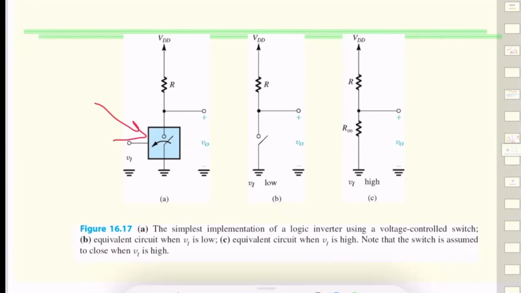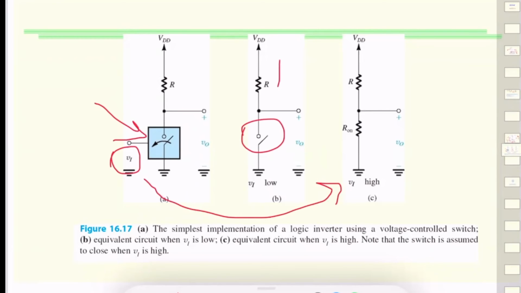Now, if you think about it, when it's turned off, which means that the switch is open, the signal is not going through, so you get your power supply voltage VDD on the output. We have to understand the situation where, say, when this is low, this is an open circuit, and when this is high, we get a closed circuit.